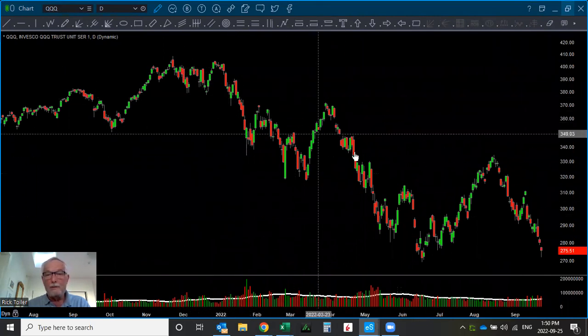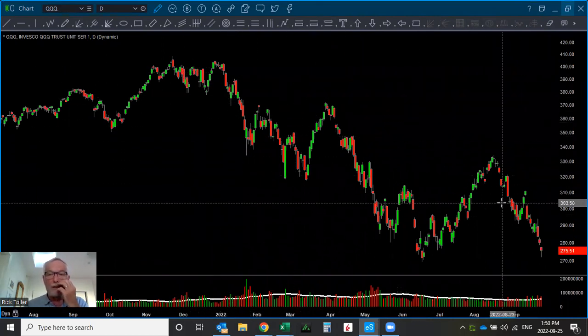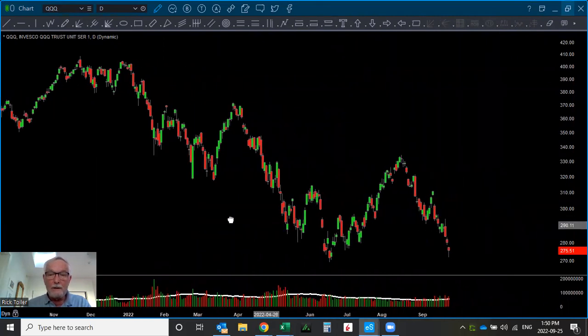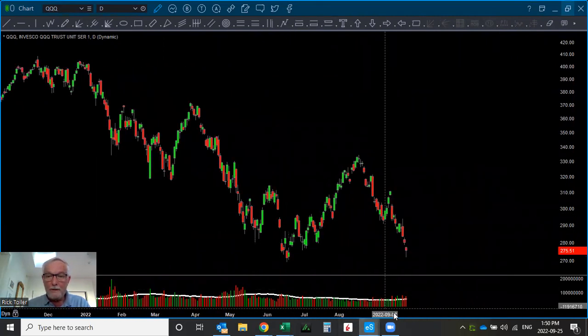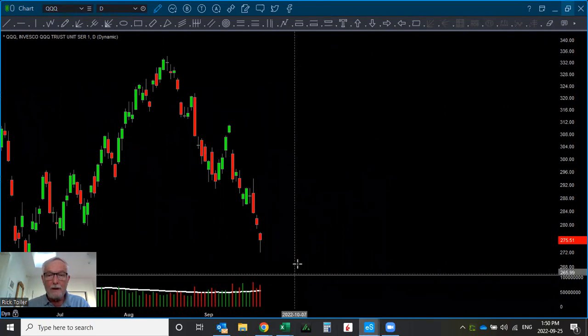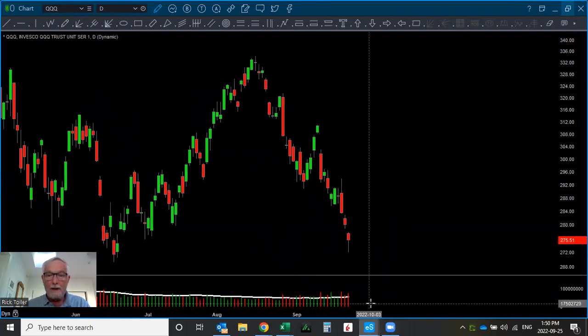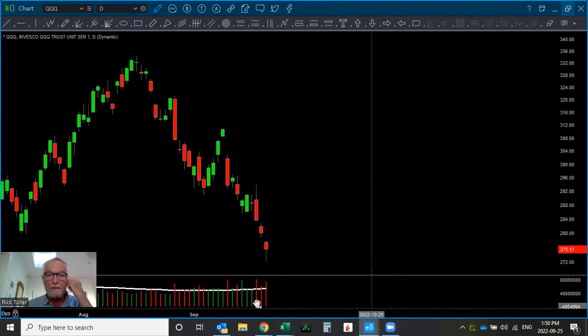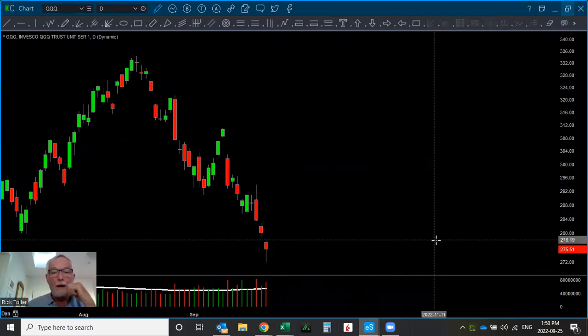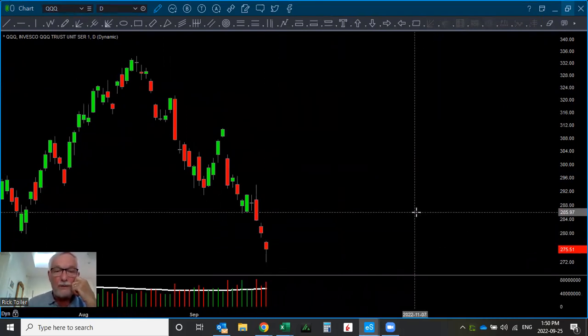I'm not going to draw the 50-day moving average in here. I think you get the picture from that. But let's just expand this out and look at a candle. And I'll try to explain what these mean.